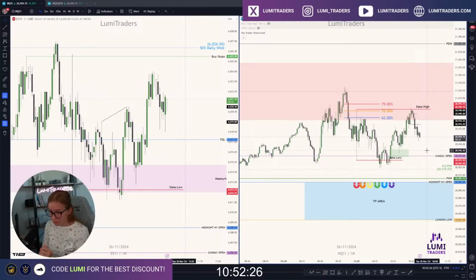For example, it can be macro time, or preferably it's going to be between 9:45 and 11. Right now, it's almost 11. Kind of no interest, honestly. But if it wants to, for example, drop to New York midnight open, that's going to be amazing. But I have no interest in this trade.